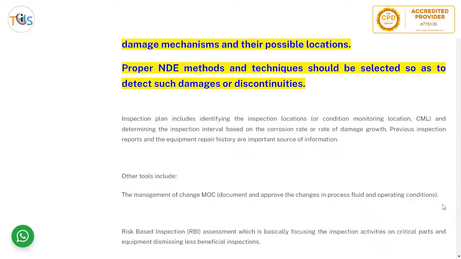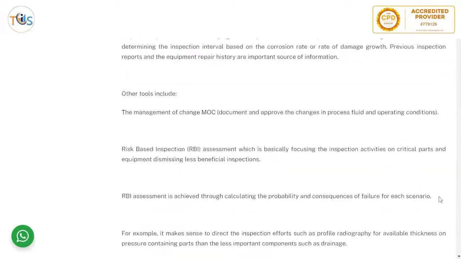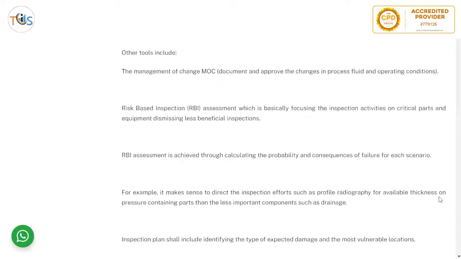Previous inspection reports and the equipment repair history are obviously important sources of information. Other tools used are management of change, MOC, which should be documented and approved, for changes in the process fluid and operating conditions. Then there is risk-based inspection assessment, which basically focuses the inspection activities on critical parts and equipment, dismissing less beneficial inspections.